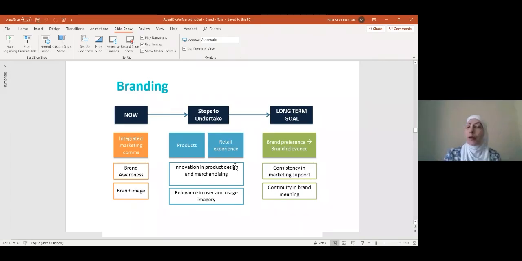So it starts with awareness, what it is, and the knowledge about it to build an image, a perception based on that information. All of it, of course, happens through the experience of the service that you are offering and providing and the products you are offering.